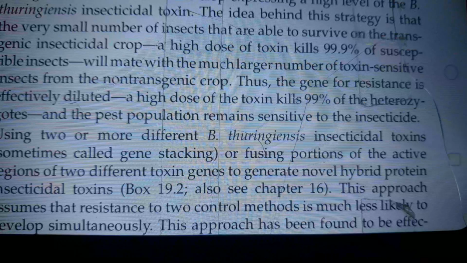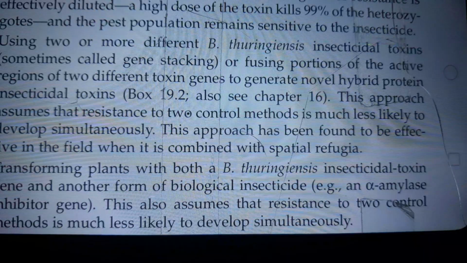The idea behind this strategy is that the very small number of insects that are able to survive on the transgenic insecticidal crop, a high dose of toxin that kills 99.9% of susceptible insects, will mate with the much larger number of toxin-sensitive insects from the non-transgenic crop. Thus, the gene for resistance is effectively diluted. A high dose of the toxin kills 99% of heterozygotes, and the pest population remains sensitive to the insecticide.